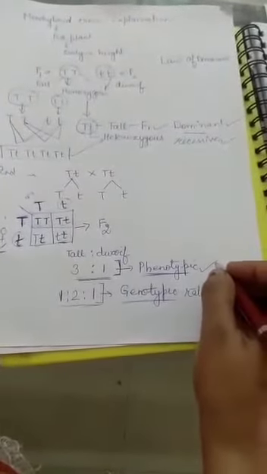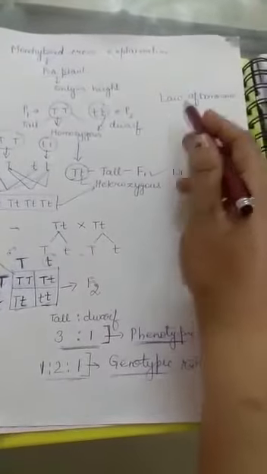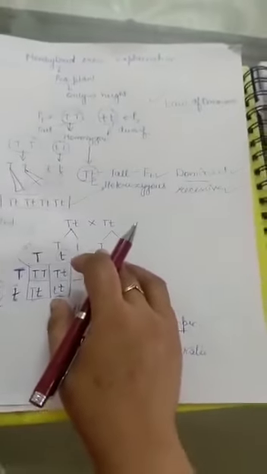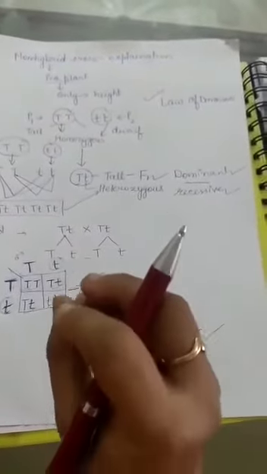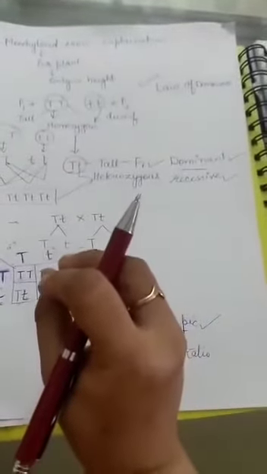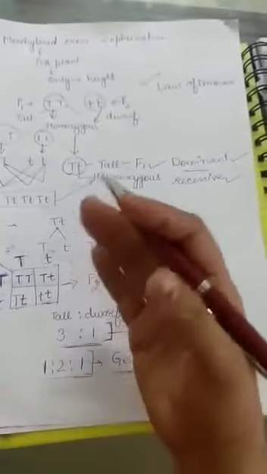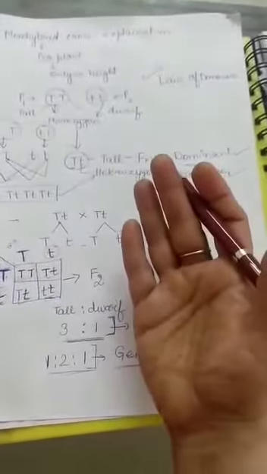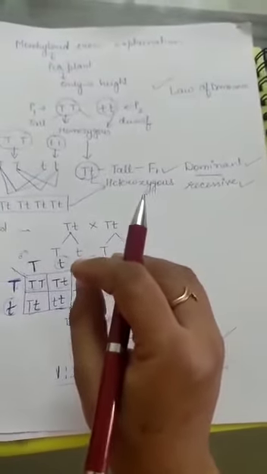Children, tomorrow I will be sending you the video for dihybrid cross. Through monohybrid cross, which law was deduced? Law of dominance. What does the law of dominance say? The law of dominance says that the gene, the trait, the character that will express itself in the F1 generation is referred to as dominant, and the other one which will not express itself, which will remain suppressed, is referred to as recessive gene.